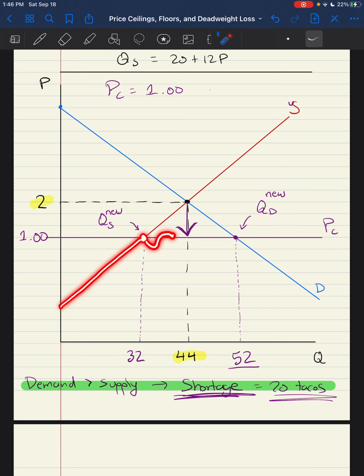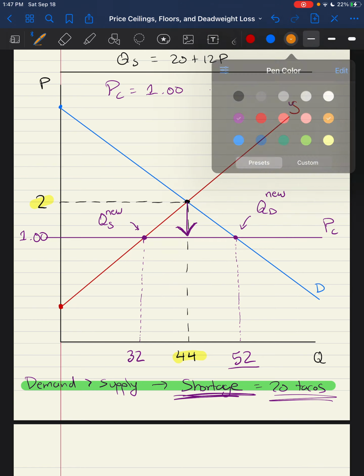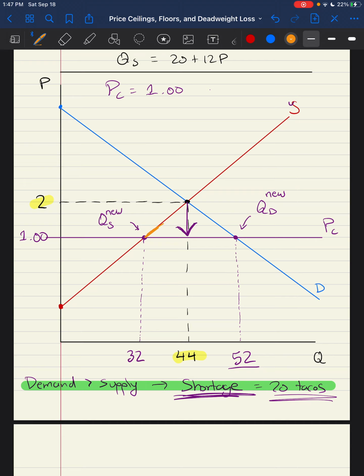So what happens is these folk right here, they drop out. They are no longer selling tacos. So that's our loss on the producer side. On the producer side, I'm going to now change colors to yellow. These individuals drop out, so they're no longer participating in the market.